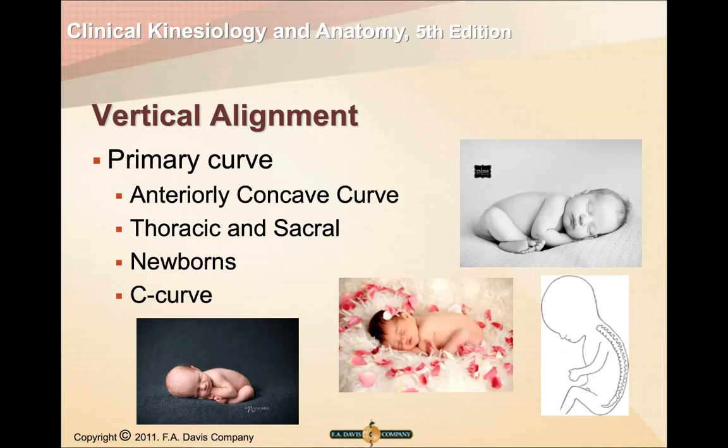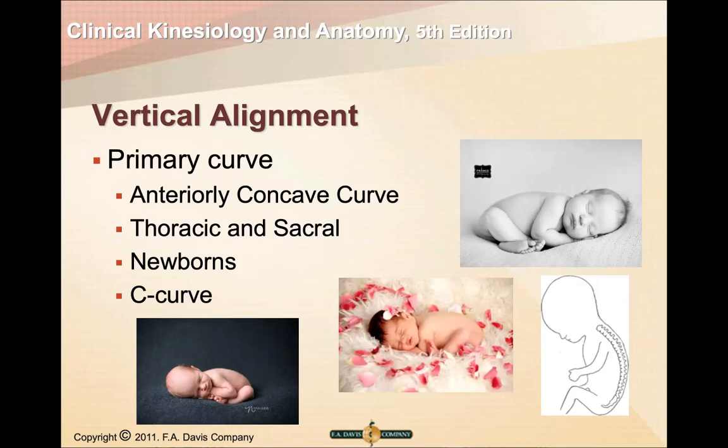But then pretty soon we start to develop what we call the S curve of the spine. Whenever we do this on our own, we actually force our spine to change shape as we're developing. Look at the picture of this baby down here on the bottom. A few months ago, he still had the classic C-shaped curve of his spine.